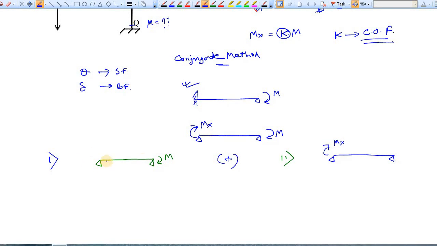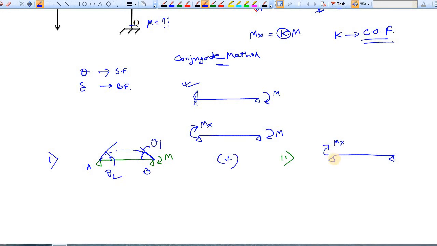In case 1 we will first find the slopes at the supports. Let's say this is A, this is B. Here the slope is theta 1 and here the slope is theta 2.